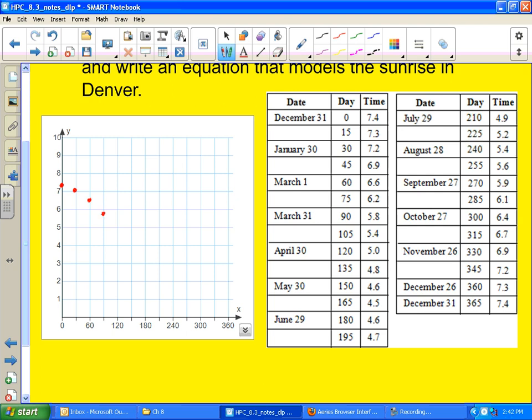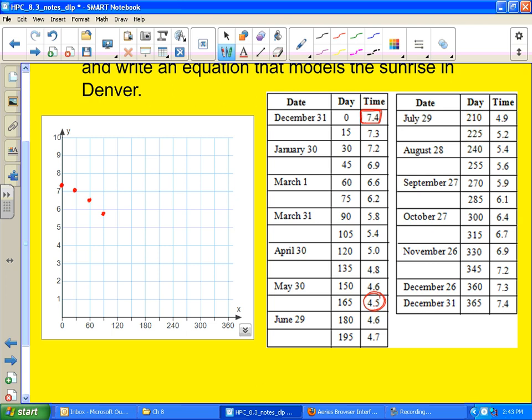And anyway, I can keep plotting these points, but why don't we go look for maximum and minimum values. So the maximum occurs there. 7.4 is the largest time we have, and then we go find the smallest value. And it looks like that is occurring here at day 165 at 4.5.